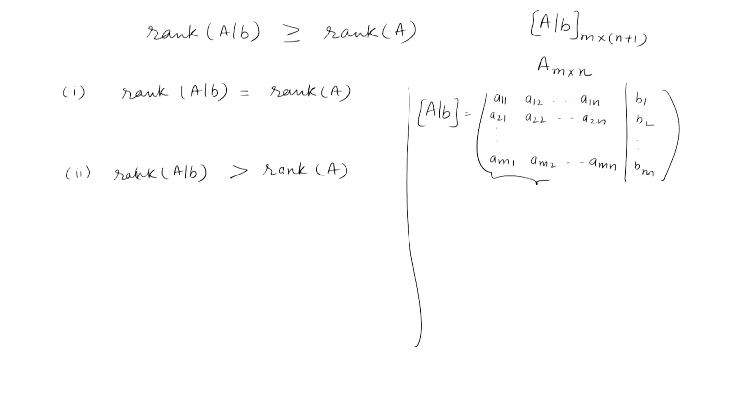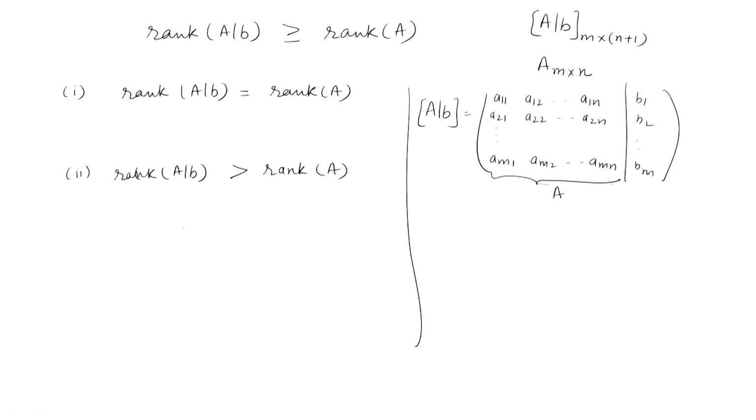Now, this is matrix A, and the rank of A is the same as the rank of the augmented matrix, that is, the number of linearly independent rows or columns it is having.